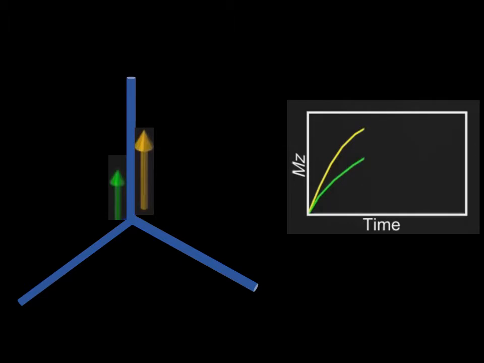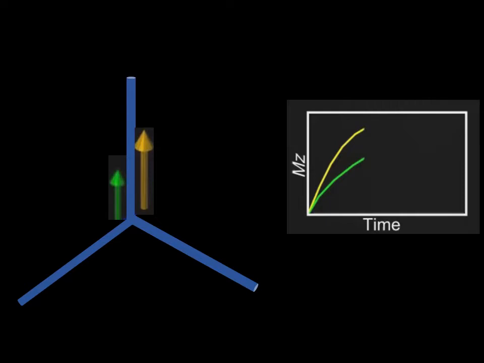The purpose of this slide is to look at the T1 relaxation process a second time. As shown in the previous slide, we have created a system that has nuclei with two different relaxation times. The nuclei represented by the yellow bulk magnetization vector have a faster T1 relaxation than the group of nuclei represented by the green bulk magnetization vector.